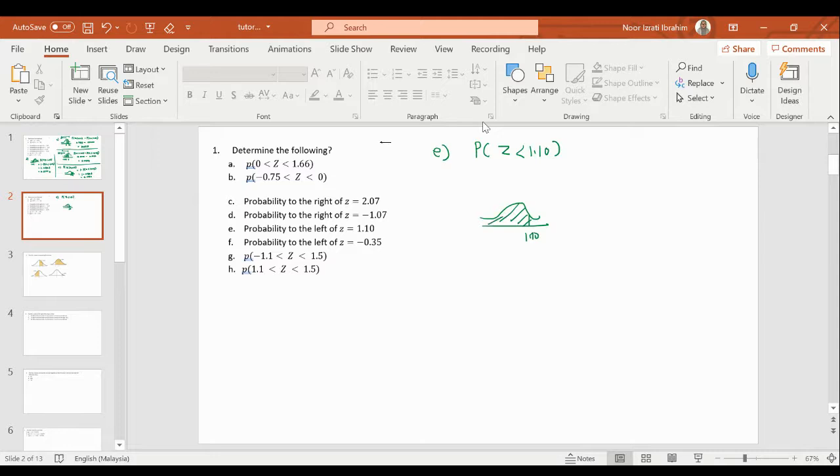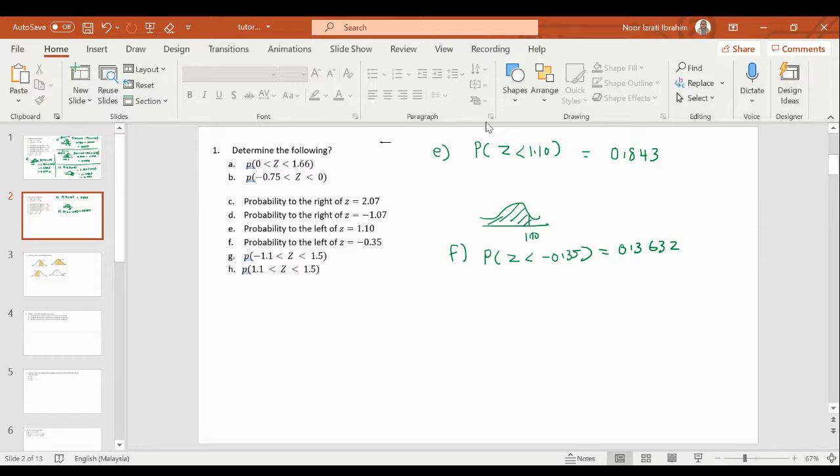So this one you can directly get from the table, which is 0.8643. And for the F also, we can get directly from the table, which is probability Z less than negative 0.35, which is 0.3632.